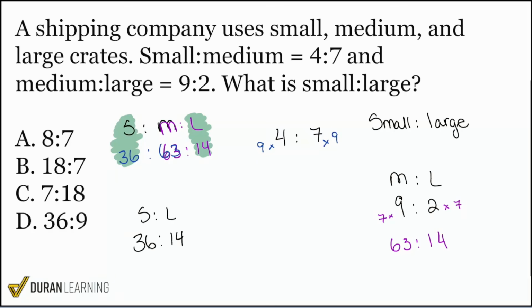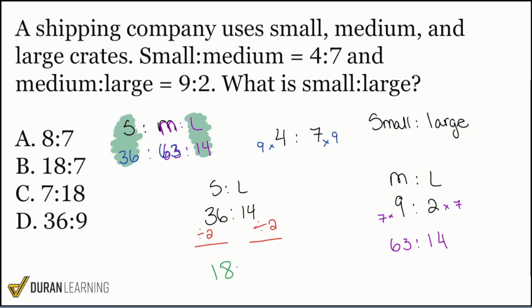Yes, that'll be 2. Yep, that will be 2. When I divide 36 by 2 and divide 14 by 2, I'll now have my final answer, and that's going to be 18 to 7. And that will be answer choice B.